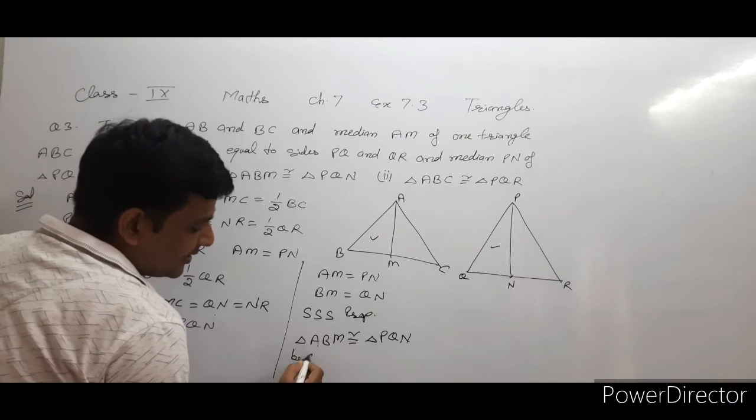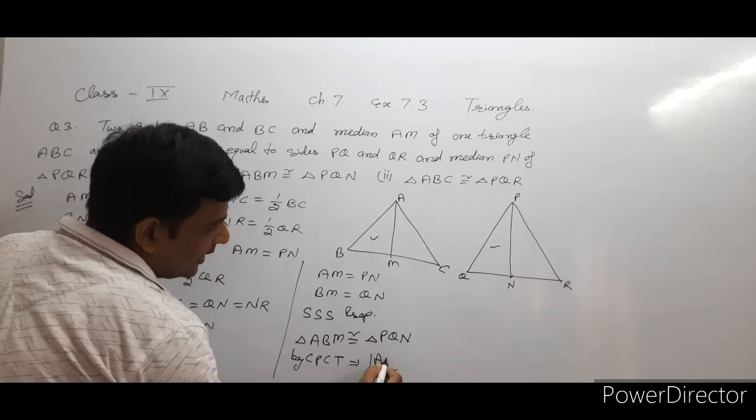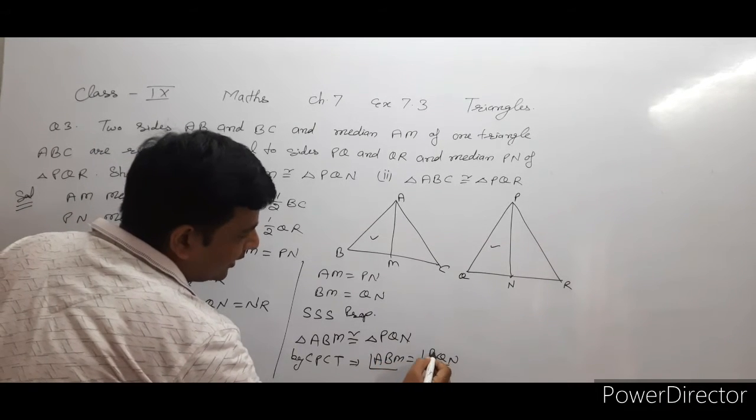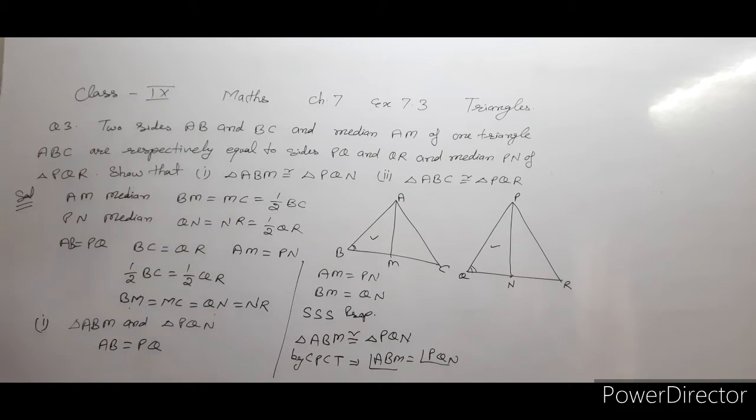And by CPCT, angle ABM is equal to angle PQN. That means angle B and angle Q are equal, because in congruent triangles corresponding parts are always equal.